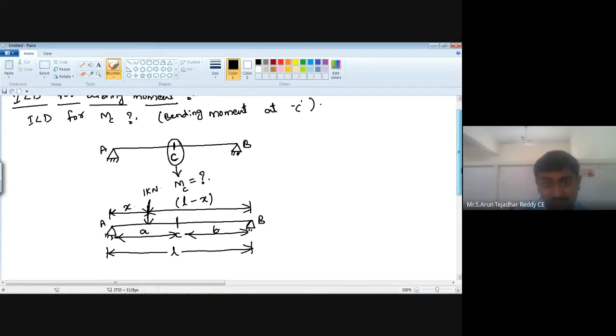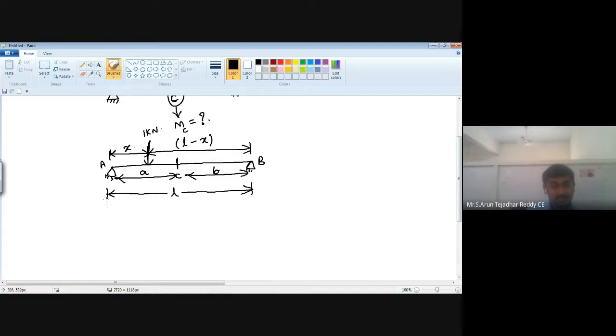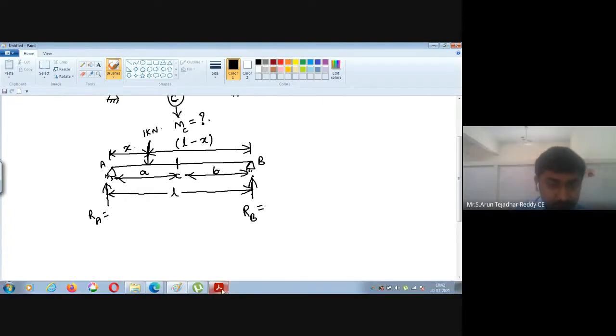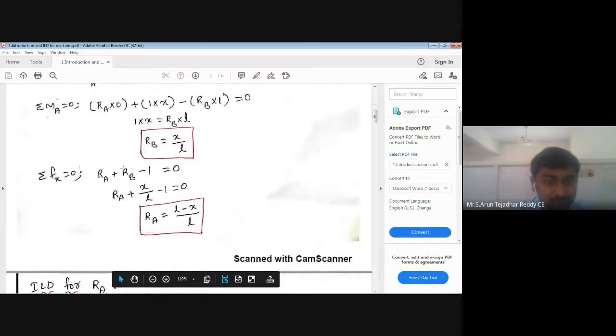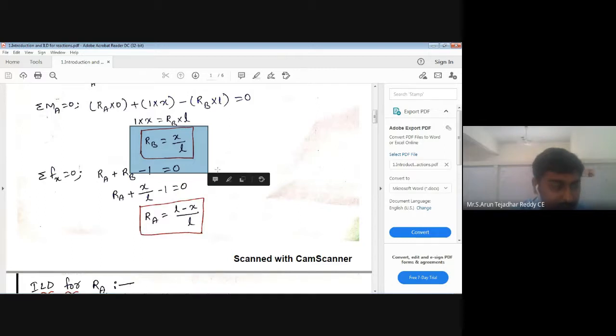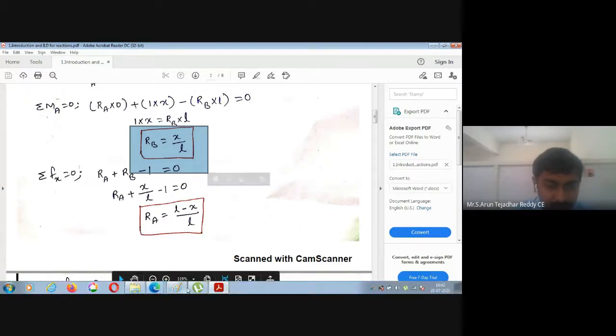In the previous class, we calculated the reaction values RA and RB. Can anyone answer, what is the reaction at A and the reaction at B? Once I'll show you, this is ILD for reaction. Here RA is equal to (L minus x) by L, and RB is equal to x by L. So the same values I am substituting here.